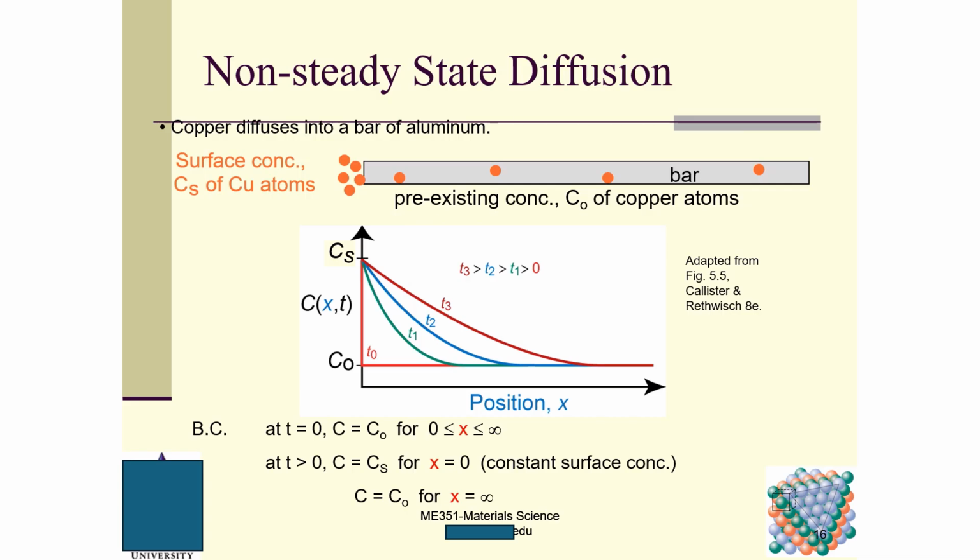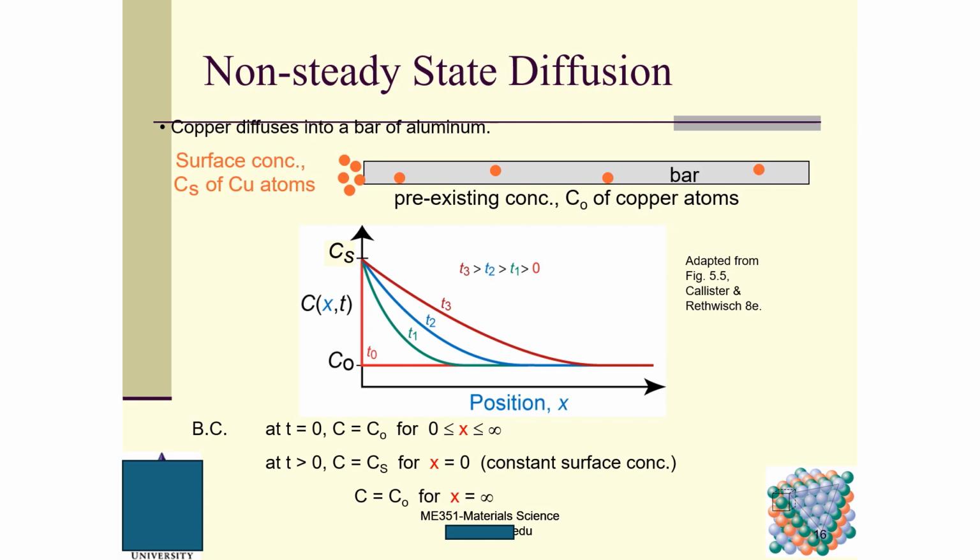Non-steady state diffusion. Copper diffuses into a bar of aluminum. This is one example. The surface concentration of these copper atoms is given here. This is a pre-existing concentration C0 of copper atoms.